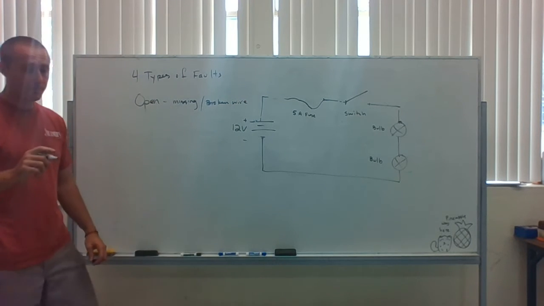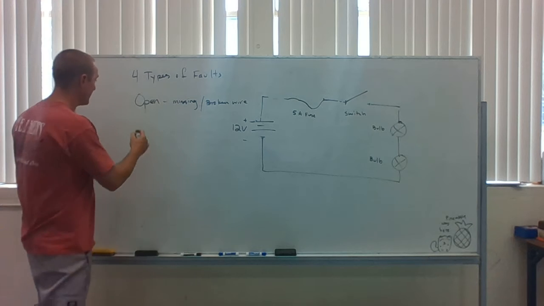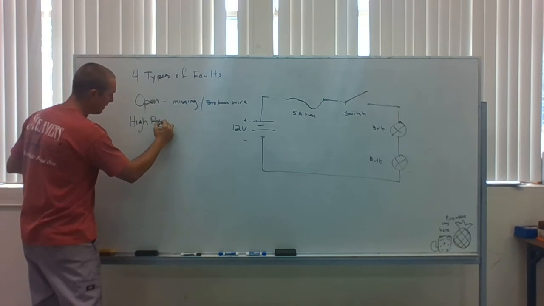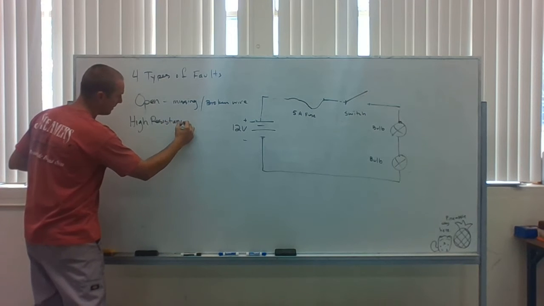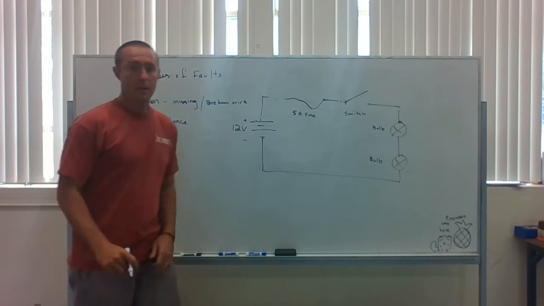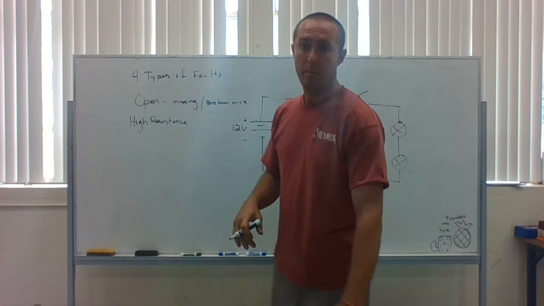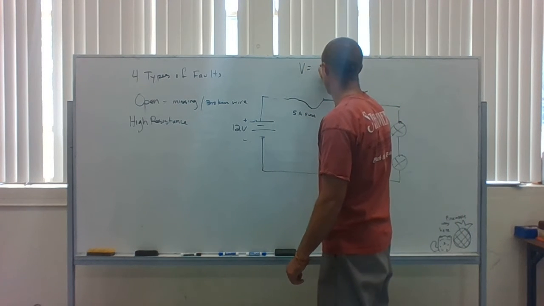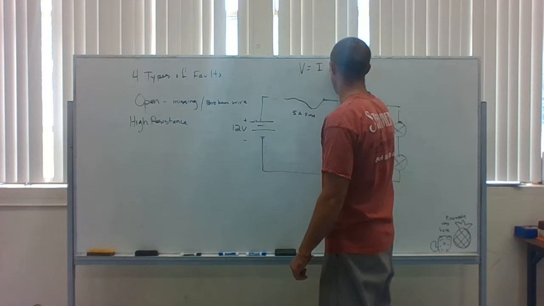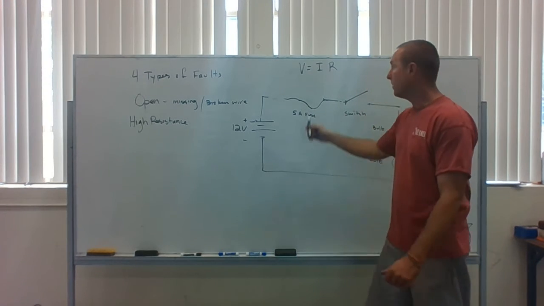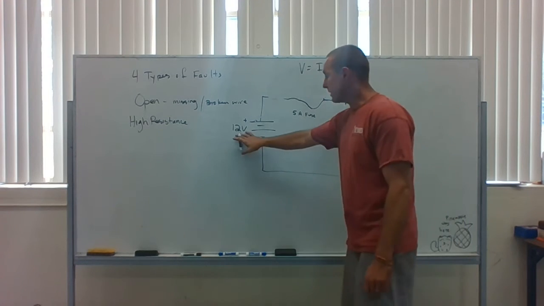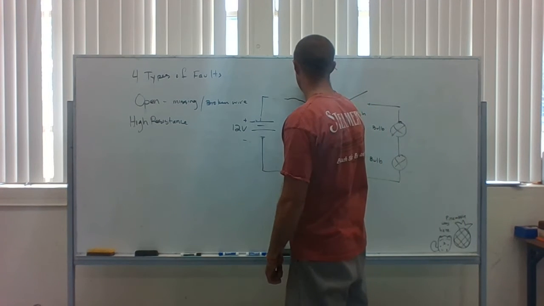Our next type of fault, high resistance. Again, I'm not going to get bogged down in the math on this, but Ohm's law says voltage equals amps times resistance. Voltage, amps, resistance. For most of the stuff here, we're dealing with 12 volts.